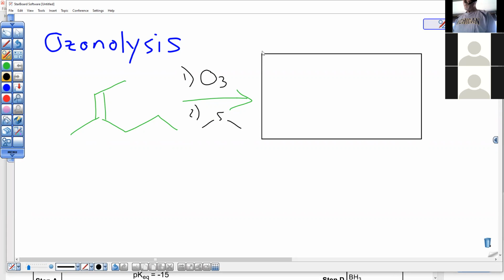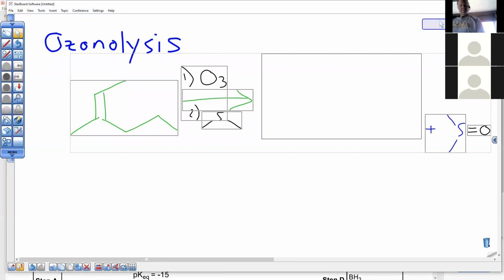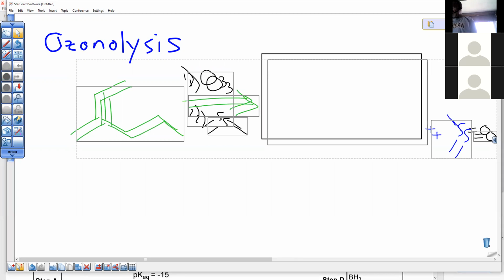You don't have to predict what happens to the sulfur, but for those that are curious, it still has 2 methyls and it has the third oxygen. So let's pretend that's a test question, and we'll put the answer down here.